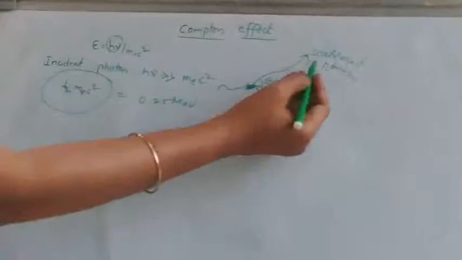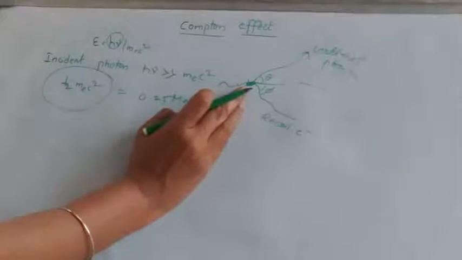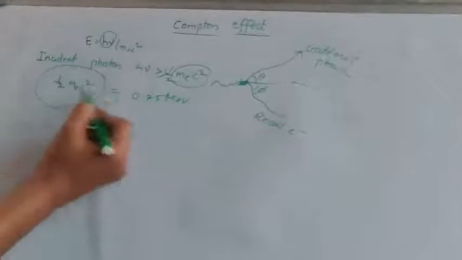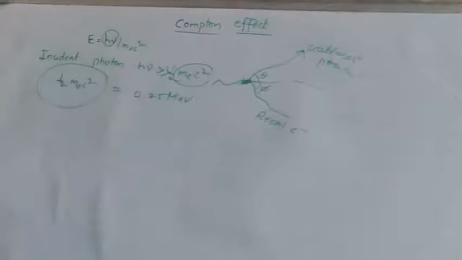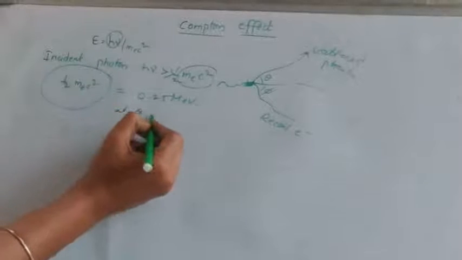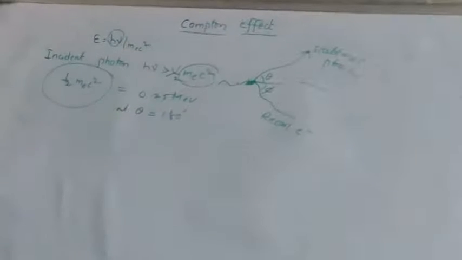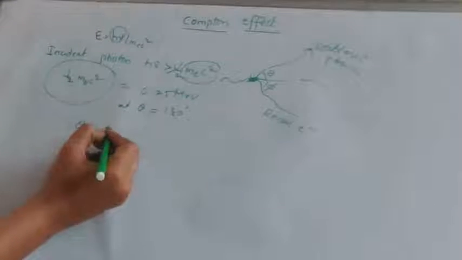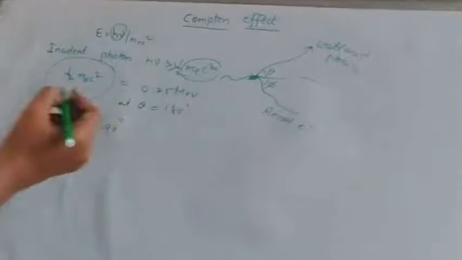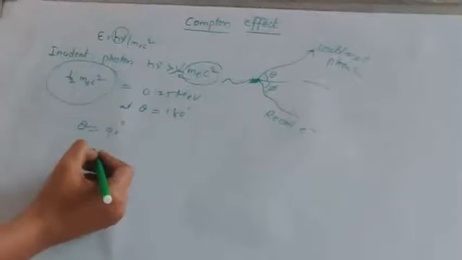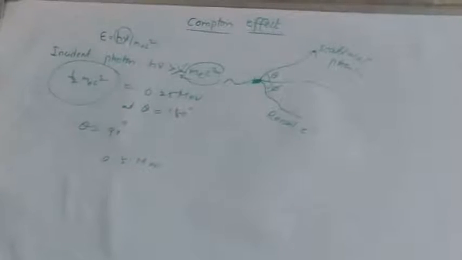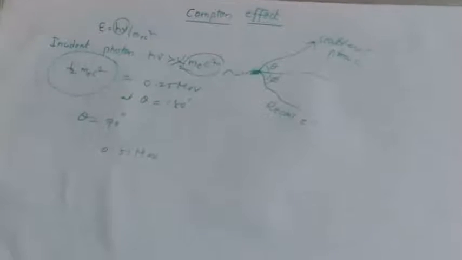That means if this scattered photon comes back, then the energy becomes half, whose value is equal to 0.25 mega electron volt. And this happens at an angle theta equal to 180 degrees. And if theta value is 90 degrees, then the half m e c square value becomes 0.51 mega electron volt.